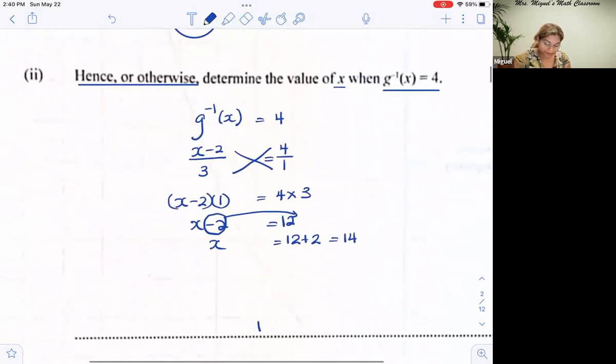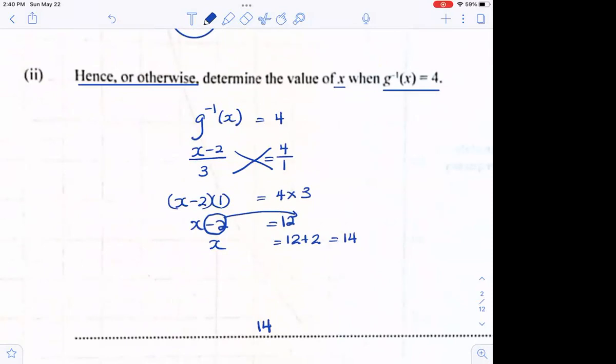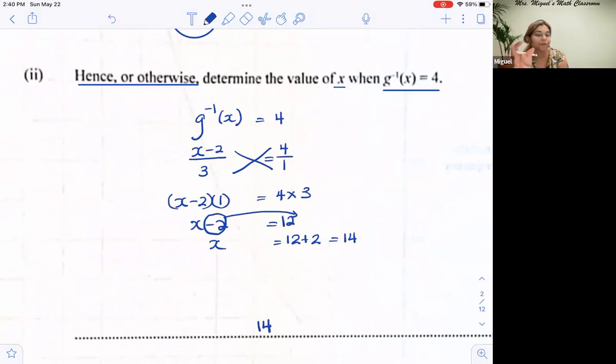Did you all get that? Yeah, Miss. So whenever we have to move one term to the other side, the sign must change. So x is equal to 14. And you can check your answer. 14 minus 2 is 12, and 12 divided by 3 will give 4. So when you have a number, you can always check back to see if your answer is correct.